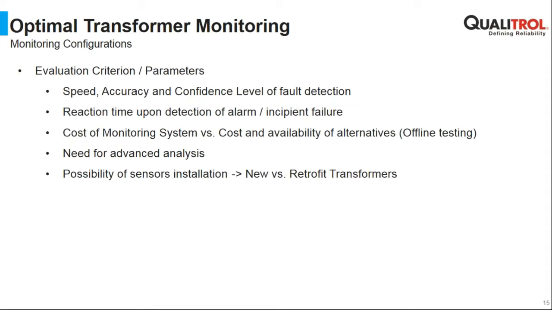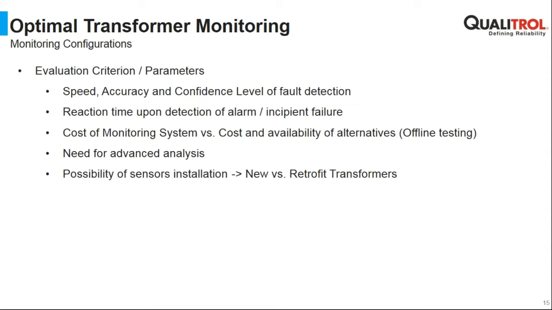And as we heard before, the same thing can get more critical, so it might be important to shorten the time, and the reaction time will be shorter over time. Then another thing is the speed, accuracy, and confidence level. We talked a bit about the confidence level by relating different parameters to each other. Speed is how fast I can detect the fault.